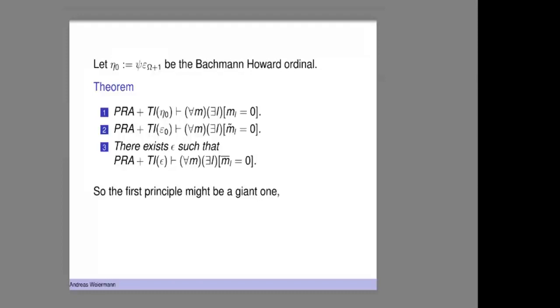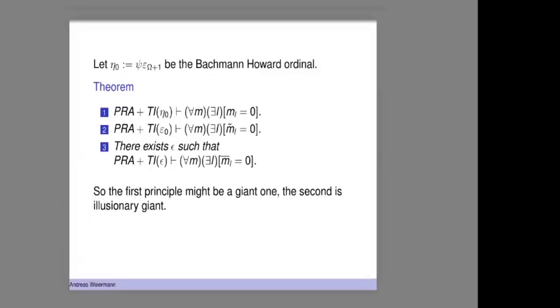Then the second one, base change in the second argument only, can be proved terminating using transfinite induction up to epsilon 0. And there is a third one, base change in alpha only. And we have seen there will be an ordinal such that for every m there exists an L such that ML hits 0. So the first might be a giant one.